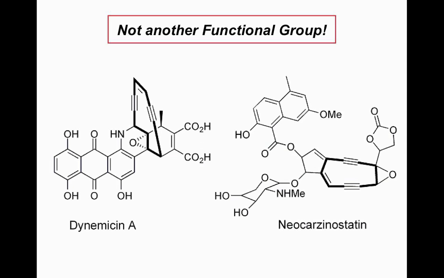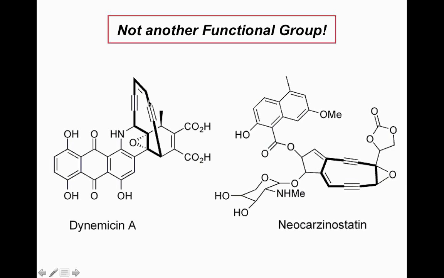Second, and perhaps of more interest, is that alkynes have recently been discovered to have very potent anti-tumor properties. Notice in these two compounds, dynemicin A and neocarzinostatin, that each of them contains this unique functional group that has two alkynes in it. This is an ene-diyne. Notice alkyne, alkene, alkyne, over here again, alkyne, alkene, alkyne.